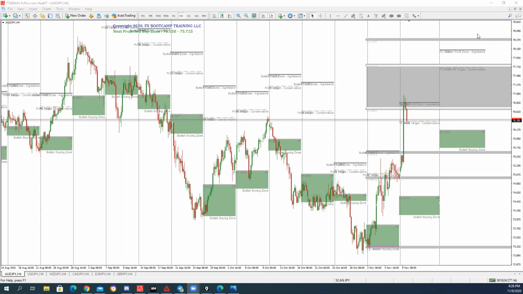Now, based on strategy, right? Based on strategy, this was the buy zone for the month of November, and right in here was the TP zone in the month of November.